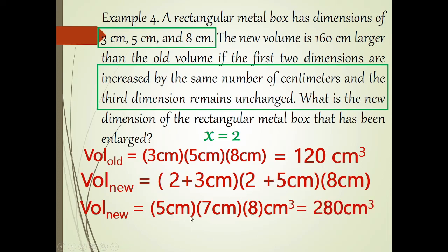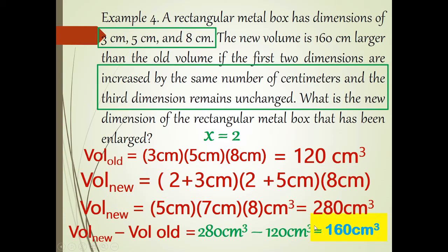When we multiply these with 8, we get 280. Is it correct that it is larger by 160 cubic centimeters? Yes, because when we subtract the old volume from the new volume, 280 minus 120 is equal to 160 cubic centimeters.